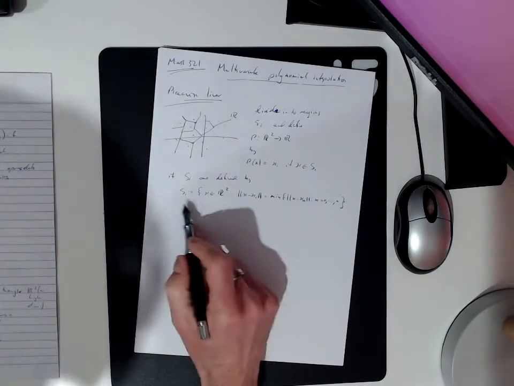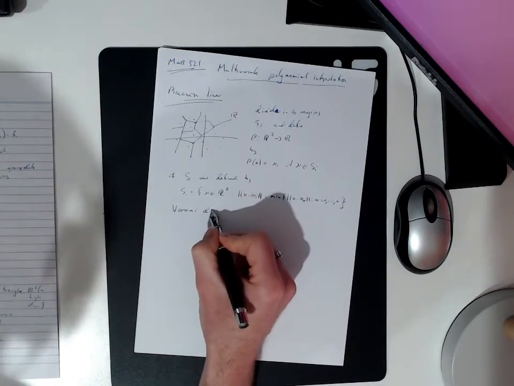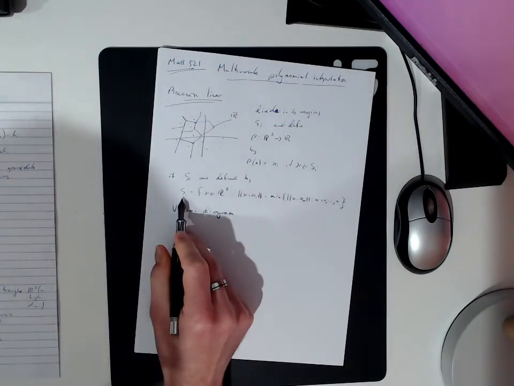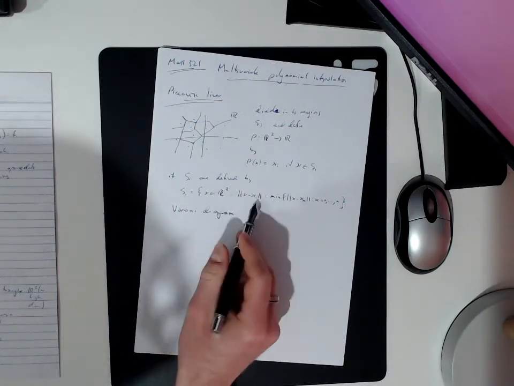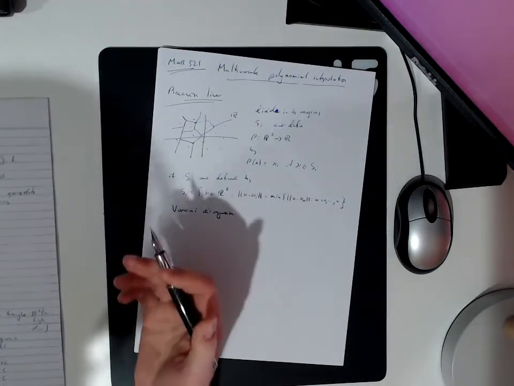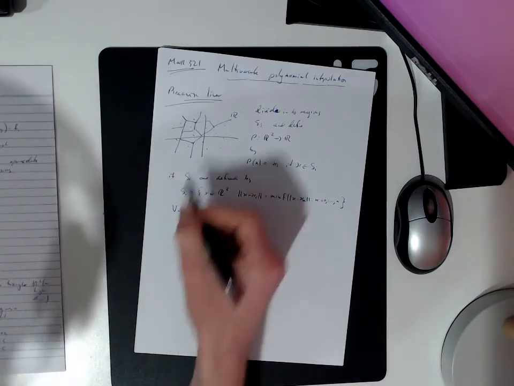Anyway, if the Si are defined like this, then what you end up with is called a Voronoi diagram. In a sense, each Si here is defined as the collection of points which are closest to xi, so their value should be governed by xi rather than anything else. Sorry, it's piecewise constant.